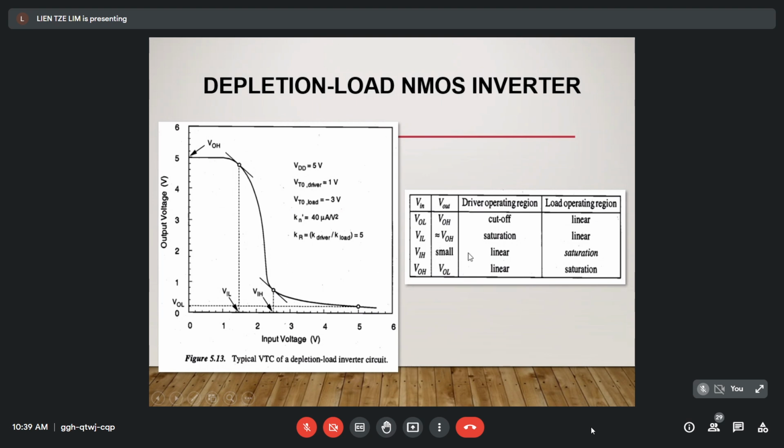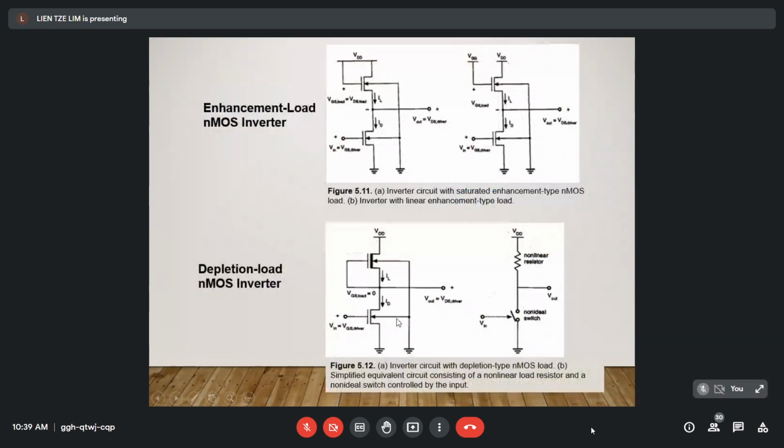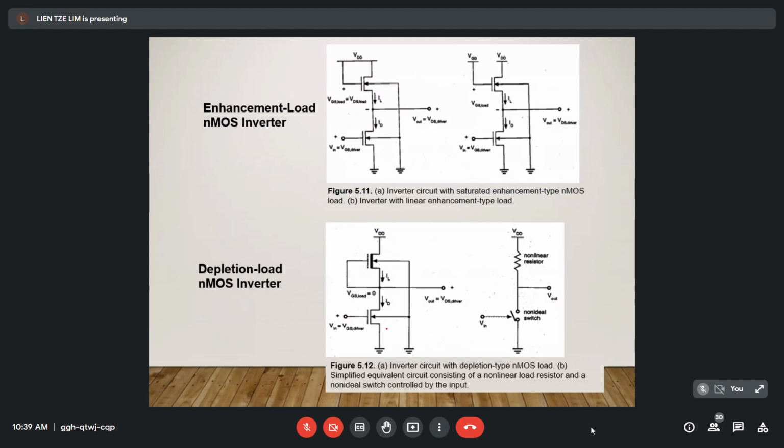And then for this inverter, there are also 3 operating modes. They are the driver operating mode and the load operating mode. Looking at the structure here, which one is a driver? If you see the figure, this one is the driver transistor.